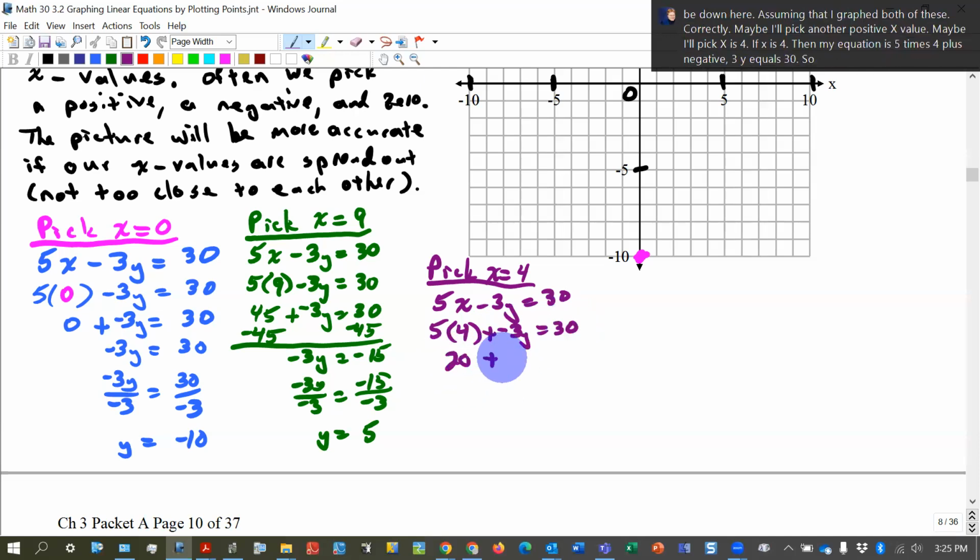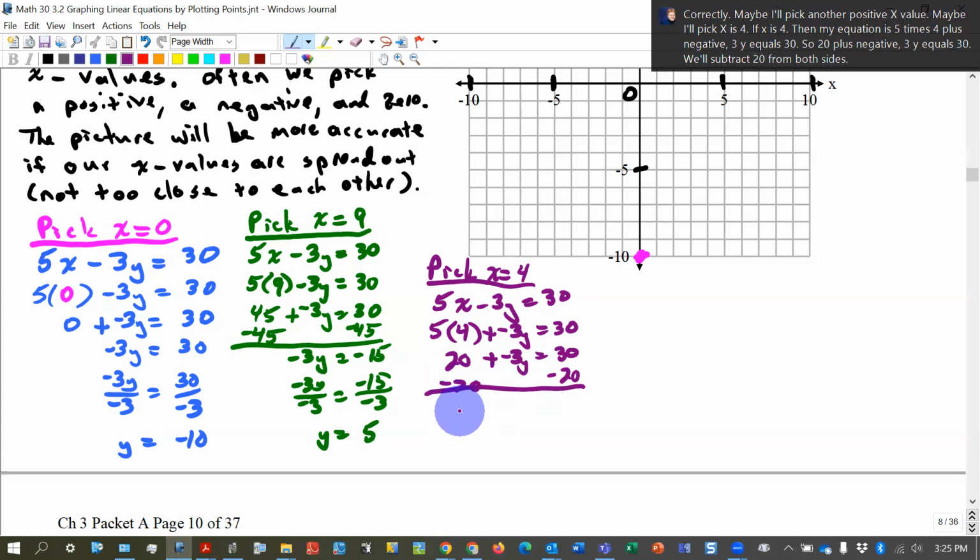So 20 plus negative 3y equals 30. We'll subtract 20 from both sides. Negative 3y is positive 10.